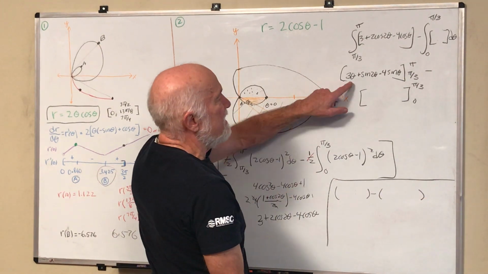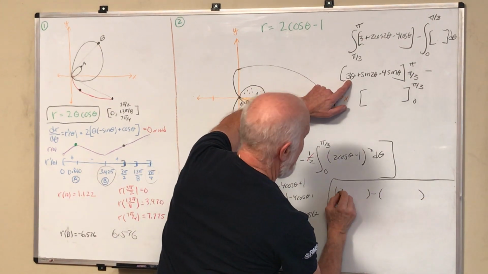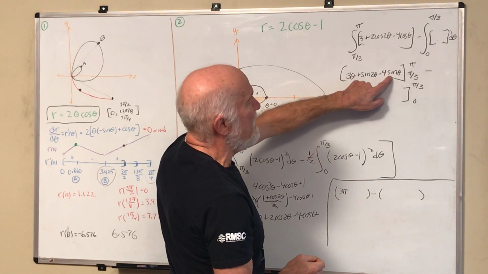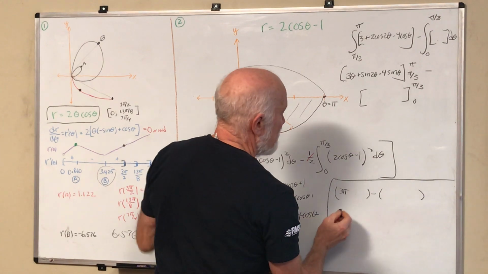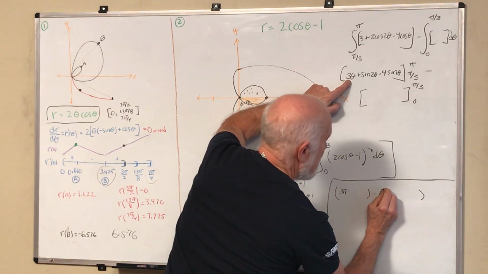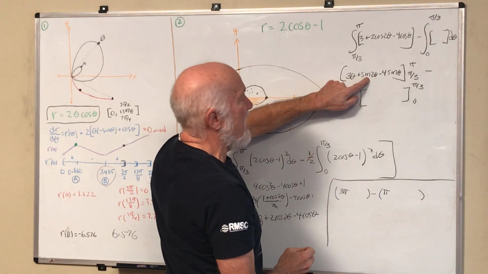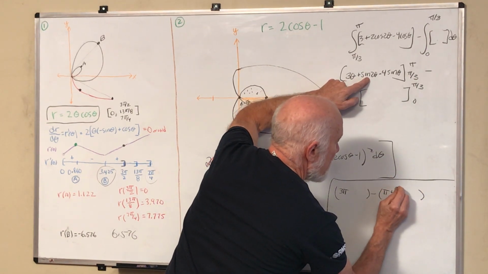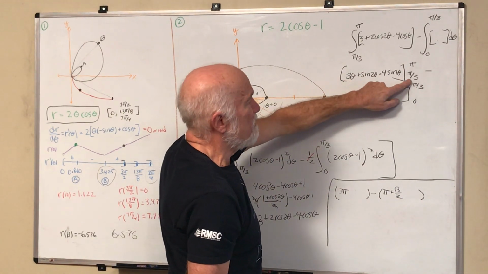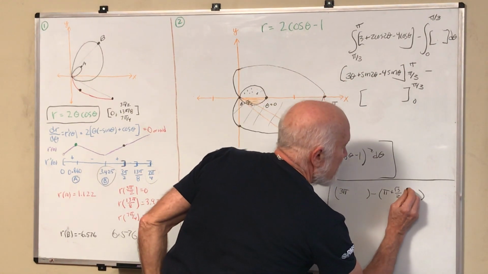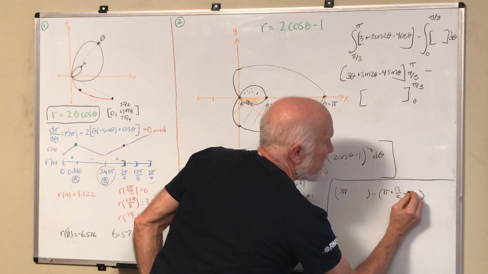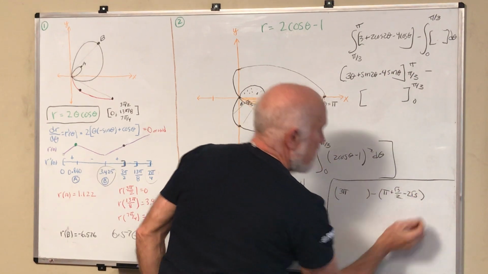So when I plug in pi, I get 3 pi plus the sine of 2 pi, 0, minus the sine of pi is 0. And then when I plug in pi over 3, I get pi plus the sine of 2 pi over 3, the square root of 3 over 2, minus 4 times the sine of pi over 3. So minus 4 times the square root of 3 over 2, or 2 root 3.